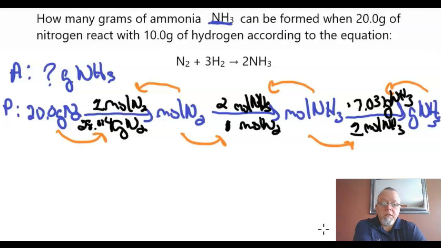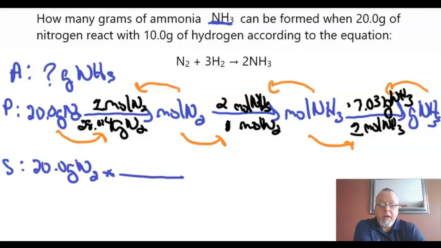From here, we solve it. The next step in the APSE method is we solve it. We start with 20.0 grams of N2, and we multiply that by our equality, which is 1 mole of N2 over 28.014 grams of N2.